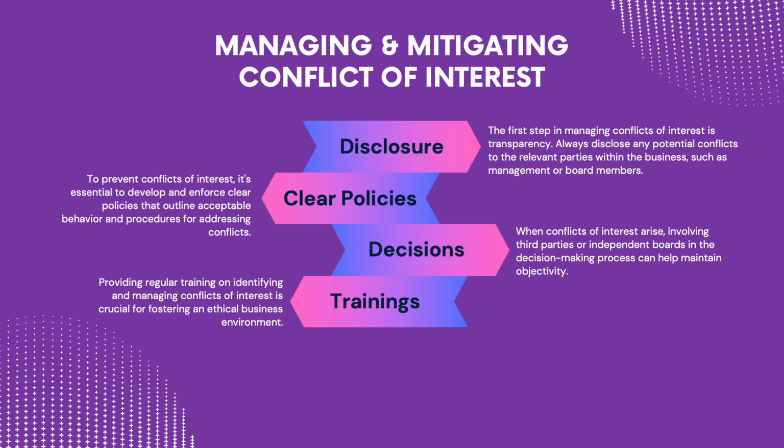Now, the second way to mitigate and manage conflict of interest is establishing clear policies. So this means that you're preventing conflict of interest using clear policies that outline acceptable behavior and procedures for addressing conflicts. These policies should be communicated to all employees and stakeholders, ensuring that everyone understands the standards and the consequences of violating them.